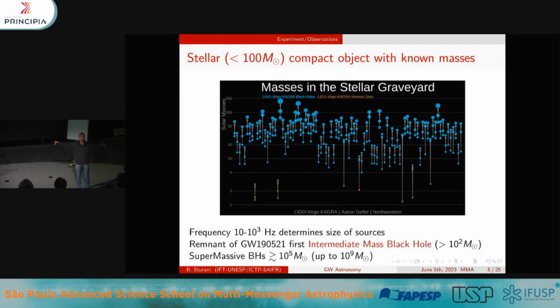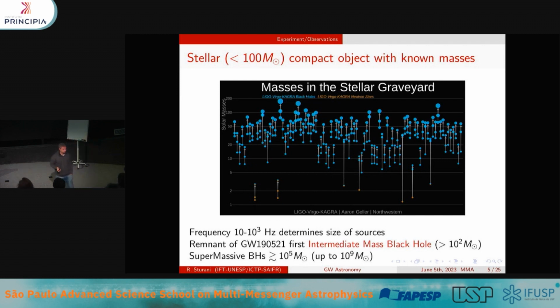So the object must not be too big. Black holes of 100, 200, 300 solar masses are just too big, and their signal falls out of our detector. By convention, when people talk about solar mass black holes, they mean from 1 to 100 solar masses. You can say that 100 is not really 1, but okay.